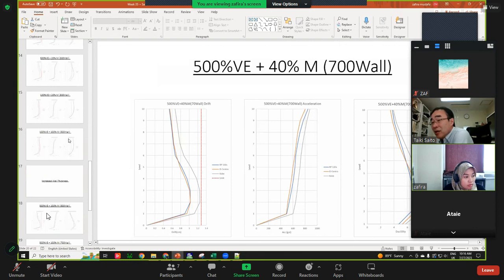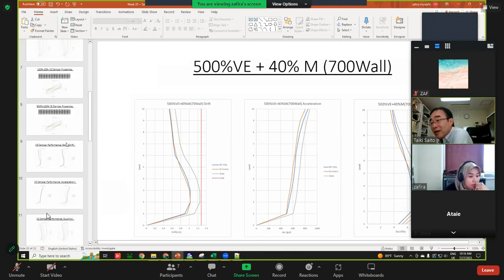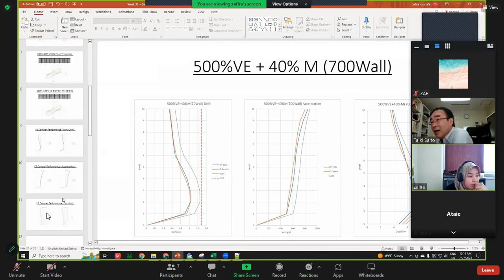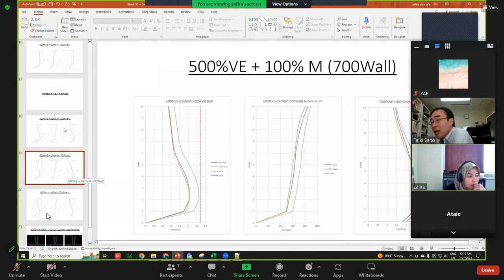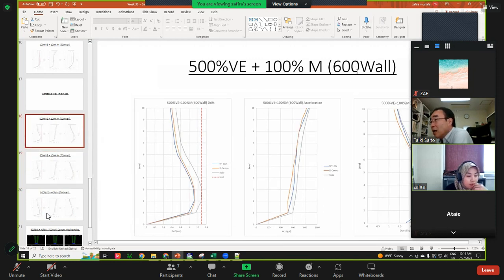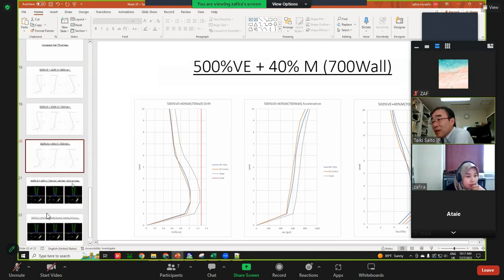No need to combine. Here if we combine, like 600 also, slightly. Well, this is very small. Small, okay. If 500, not so big.